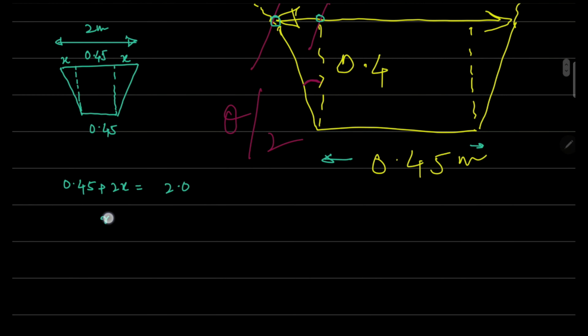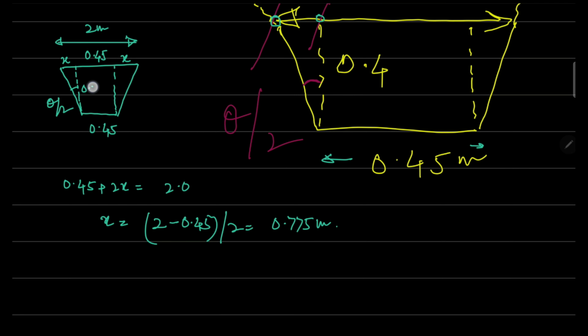So x is (2 minus 0.45) divided by 2. So this value is coming out to be 0.775 meter.